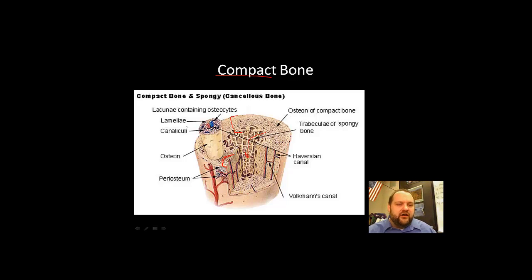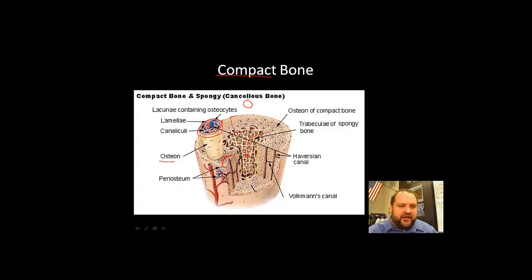Those circles are called osteons. And they're these circles of bone tissue here, osteons, right there. There's an osteon. Inside that osteon, there are these circular layers that go all the way around, and they're concentric circles.